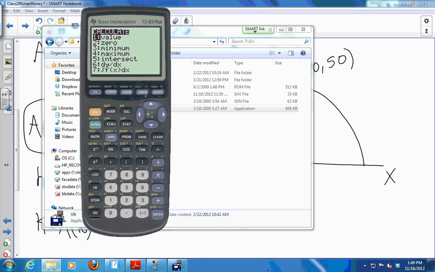I screwed it up. There we go. Right, you just put the cursor somewhere between your left and right bound.